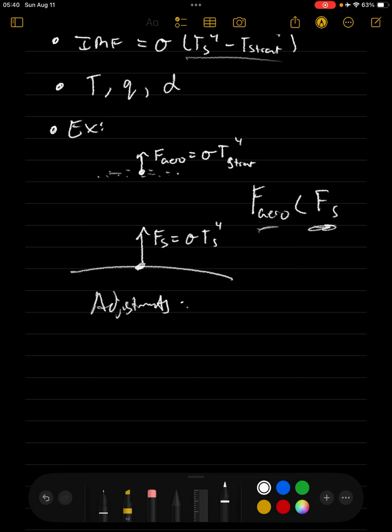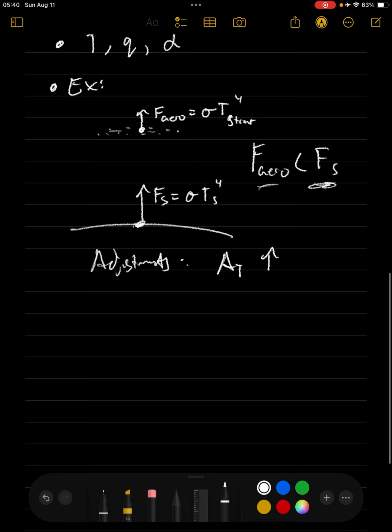So where does that energy go? It doesn't go anywhere. At least right here, we're saying that the energy is conserved. So what happens is that the temperature adjustment, delta T, is actually going to increase, because as the aerosols absorb and then re-emit the infrared radiation from the ground, it will then increase the temperature of the stratosphere.